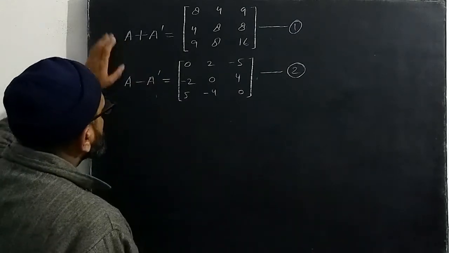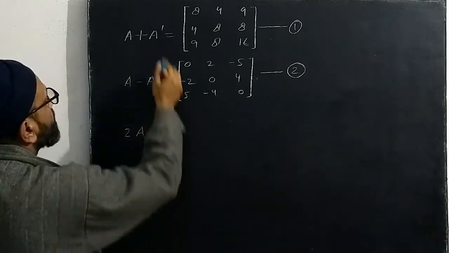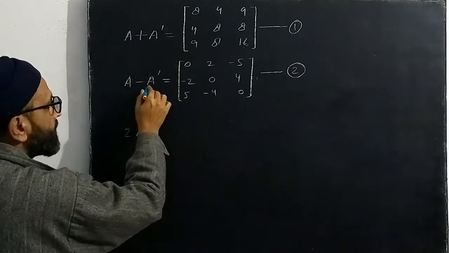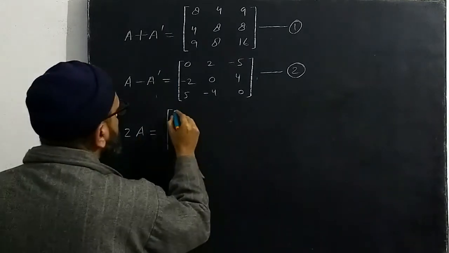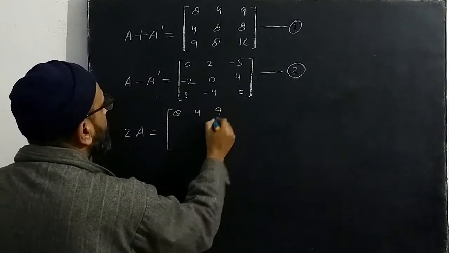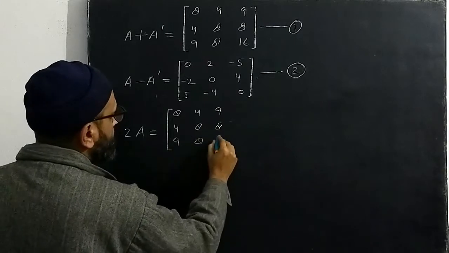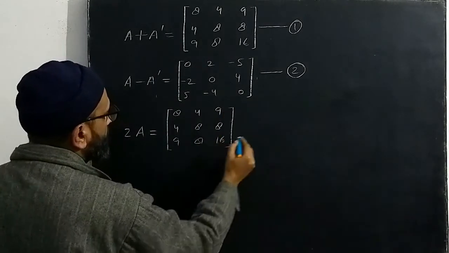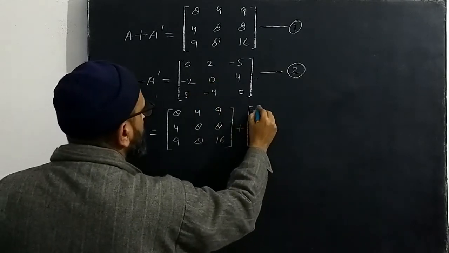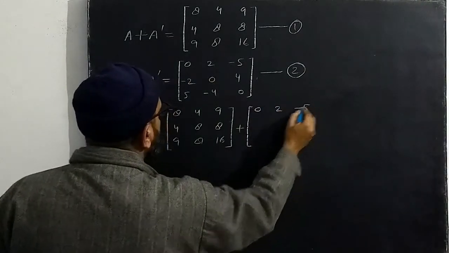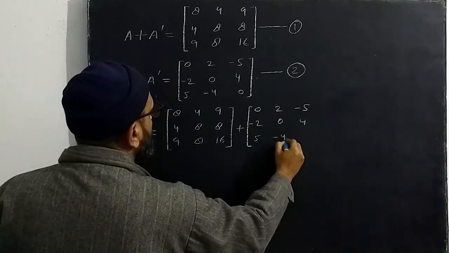Now adding equation 1 and 2, we get 2A is equal to, because A dash will be cancelled by minus A dash, and we are left with 2A on the left hand side, and on the right hand side we get 8 4 9, 4 8 8, 9 8 16 plus 0 2 minus 5, minus 2 0 4, 5 minus 4 0.